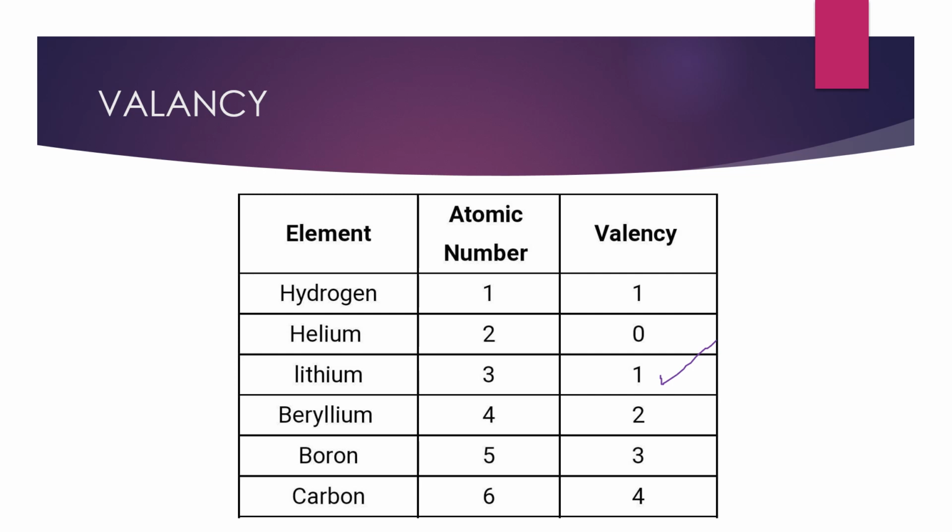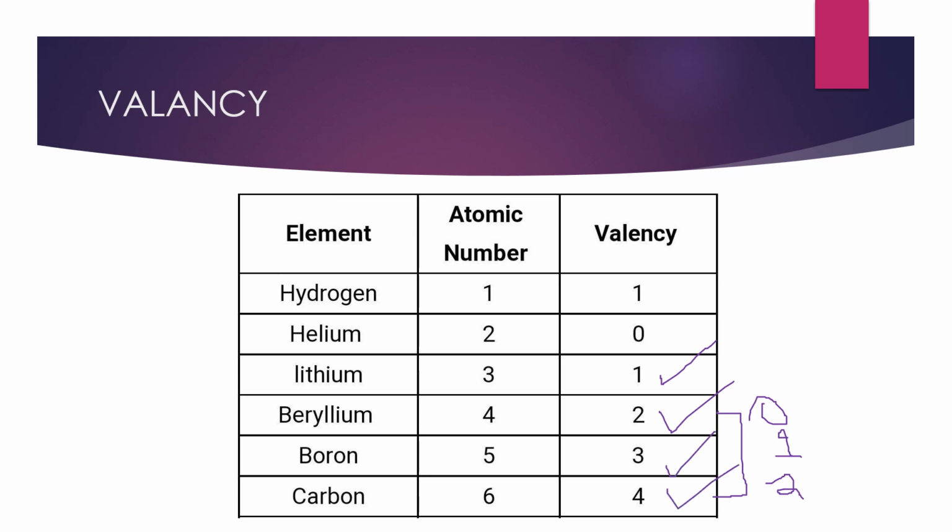But here, according to the electronic configuration, beryllium has 0 valency, boron has 1 valency and carbon has 2. But in the real condition they have 2 valency, 3 and 4.